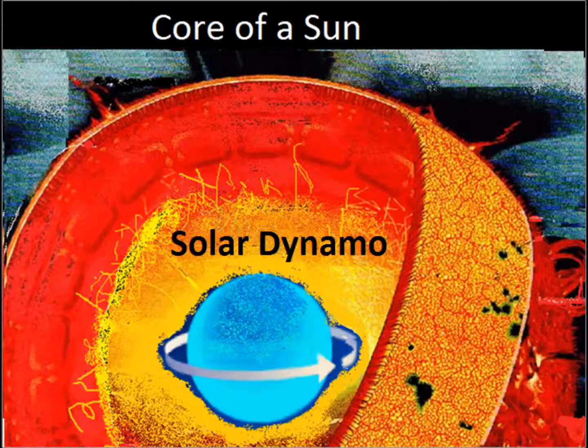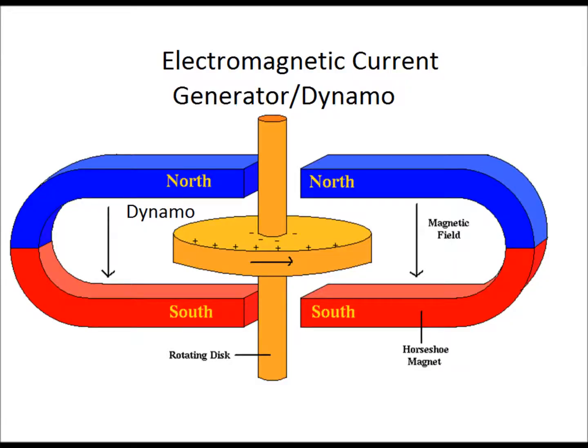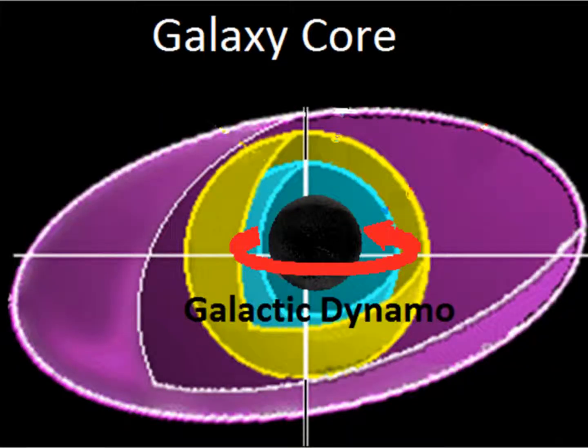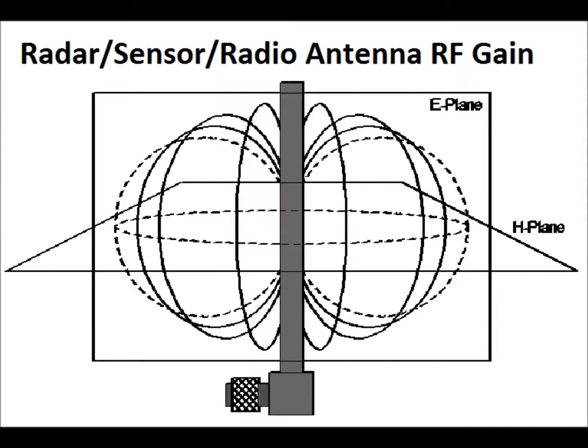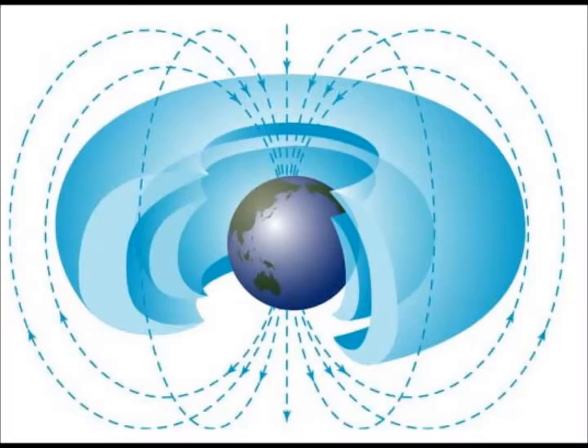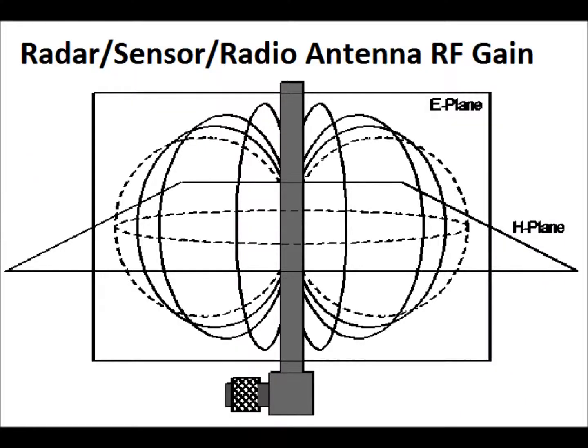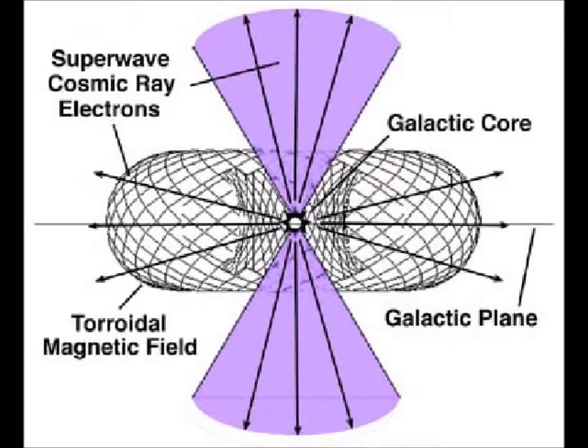These dynamos turn electrons into microwaves of the same types produced by radar equipment, sensor equipment, and other technologies. So the cores of the planets, the galaxies, and the stars are dynamos and produce electromagnetic fields.